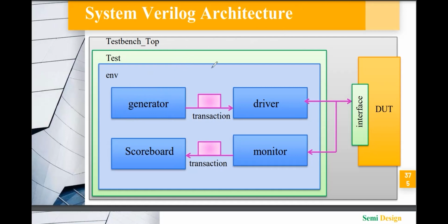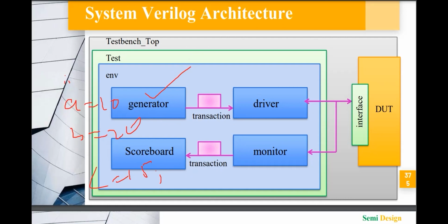The generator generates the randomized input variables. In Verilog, we assign values to variables within the initial begin, a equal to 10, b equal to 20, c equal to 15, or address equal to something, data equal to something.